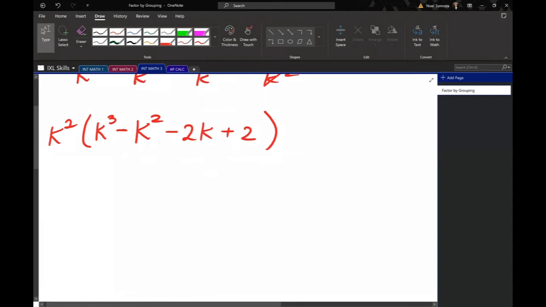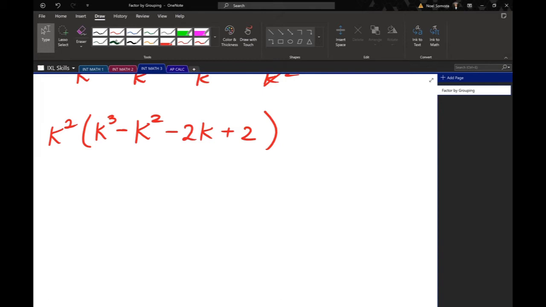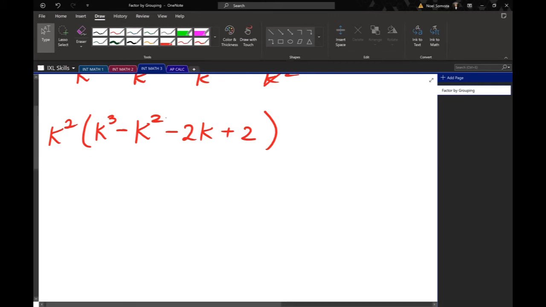Okay, now from here we can then focus on trying to factor by grouping, right? We no longer have any common factors amongst all four terms. So let's go ahead and group the two terms up right through here. One of the things I always like to do is whenever there's a coefficient, I like to keep the sign.